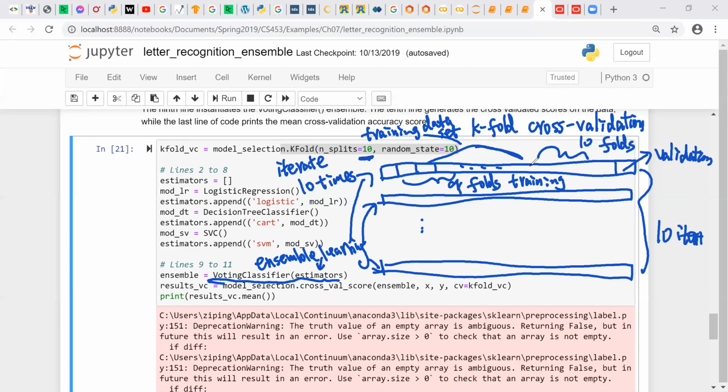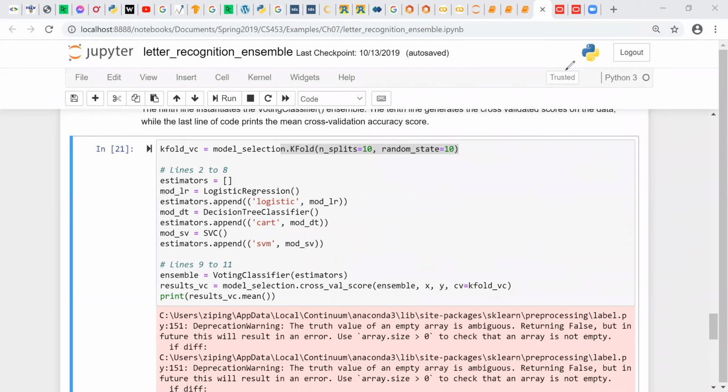For the training data set, you have training and validation for the ensemble learning also. So that's the whole idea: we integrate the k-fold and ensemble together. That's the idea here. That's this example, we are done.